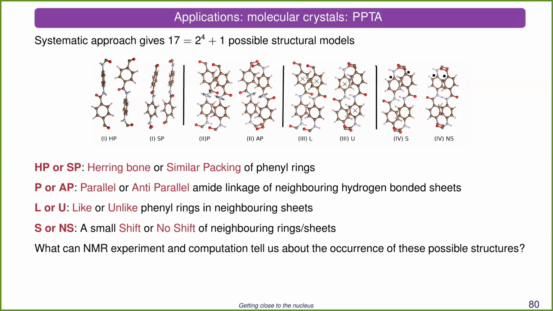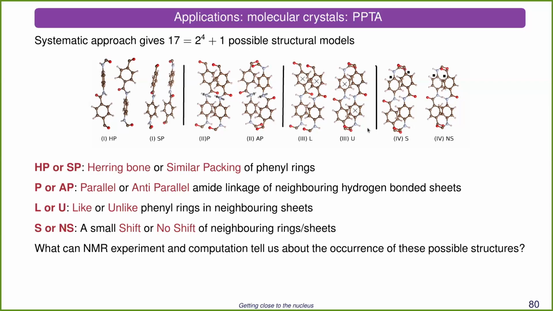You can change the orientation parallel, anti-parallel of those little bonds over here, of those OH and CH groups. You can have like and unlike vinyl rings next to each other. And you can shift a little bit. This doesn't come from elsewhere. This comes from a thorough analysis of how these materials can pack, but that is not really the subject here.